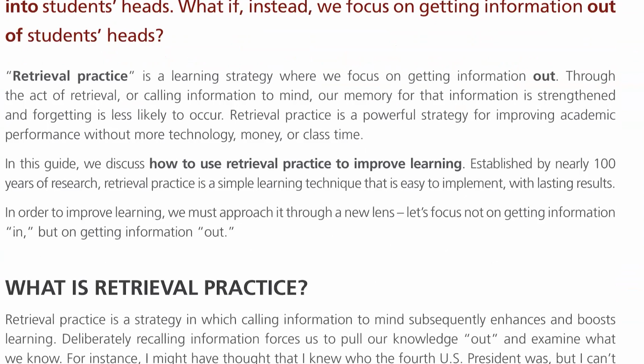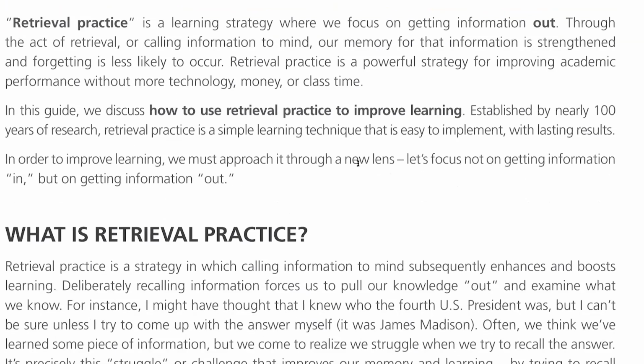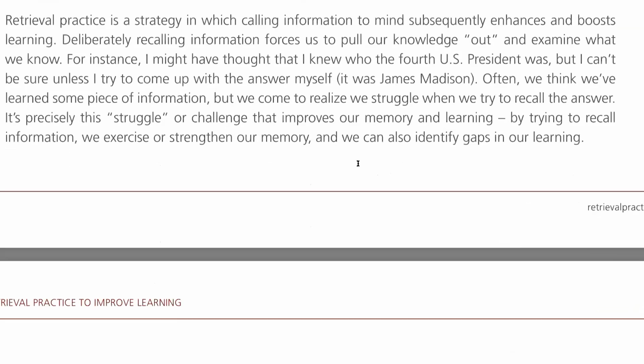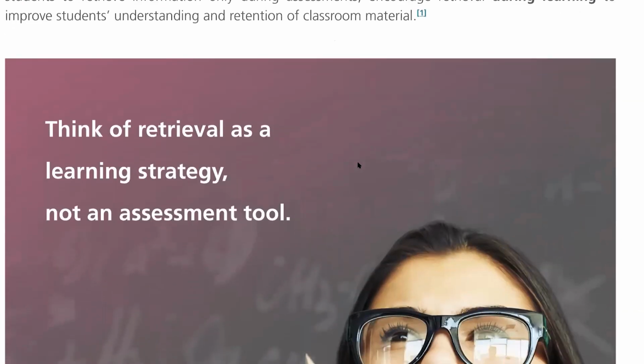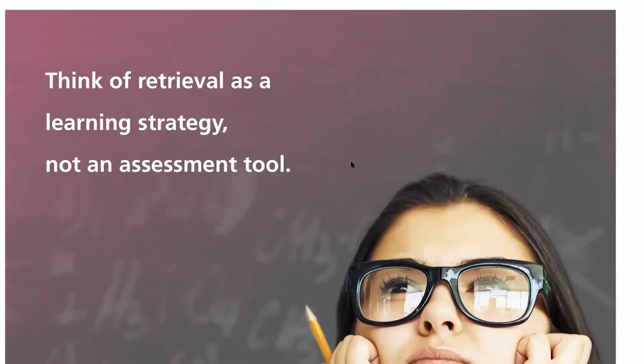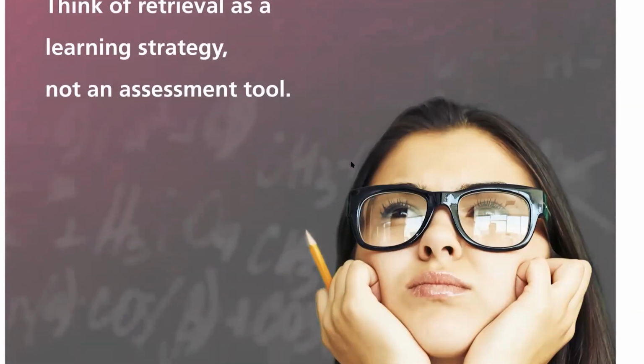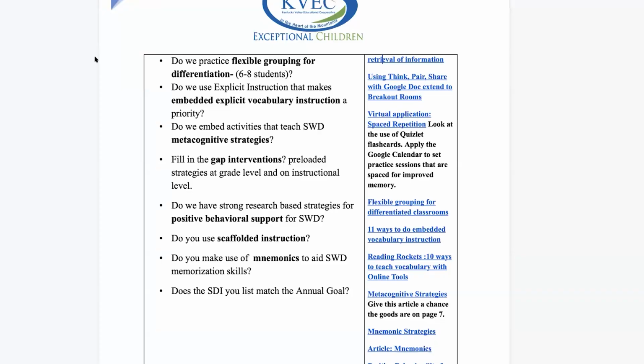If they have cognition that's impacted by their disability, we need to really look at that and think about that. But this is one of the most powerful ways of increasing student achievement, in that we build into our lessons their ability to retrieve information from a blank slate. So we're always giving them the opportunity to practice retrieving information from a blank slate. So that's really all I want to say about that. That's a great website right there.